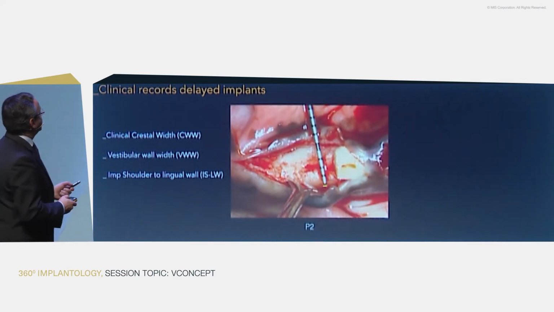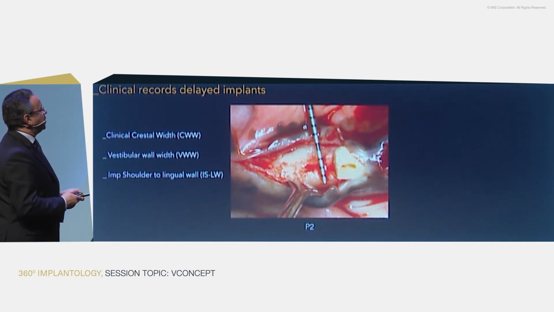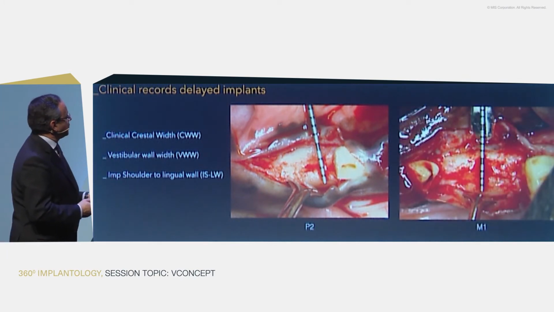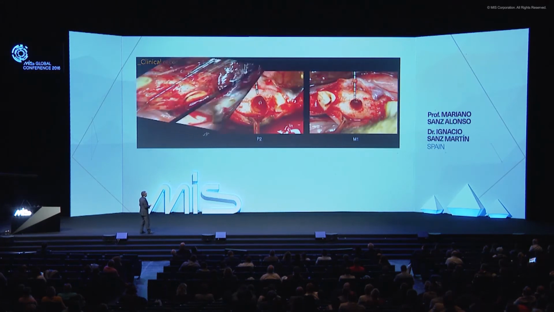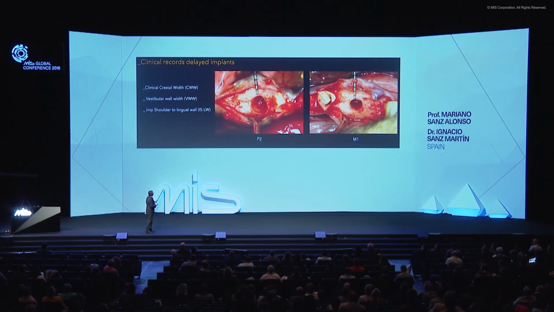So, of course, we measured the whole width of the crest in both the P2 and M1, which are the delayed implant sites. And we also measured the vestibular wall width, which is the distance between the buccal crest and the extent of the ridge in both the delayed implant sites.